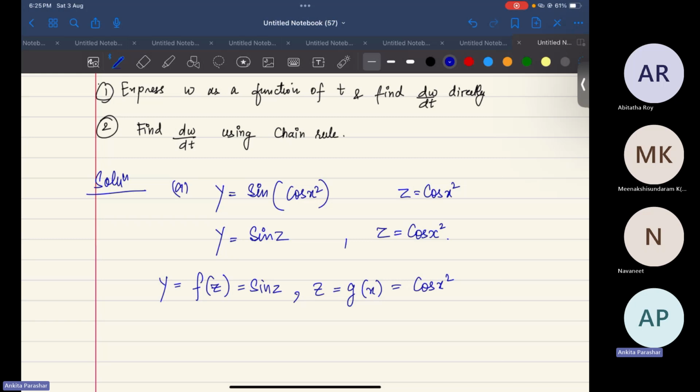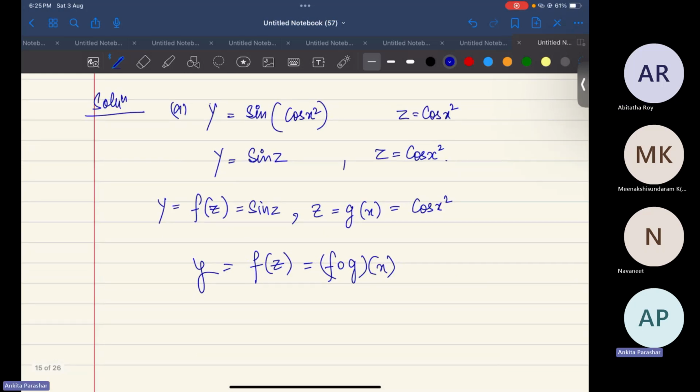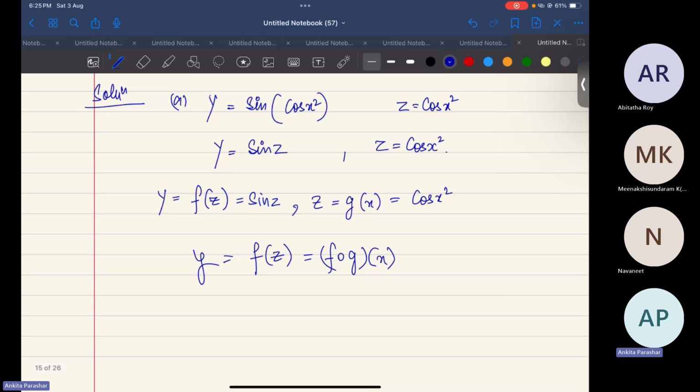Therefore, let's say this capital Y, f of z, is nothing but f of g of x. This is your y. Now, can you use some rule? Yes, we have a certain rule for this. We can first find dy by dz, then find dz by dx, and if we multiply them, we get dy by dx.